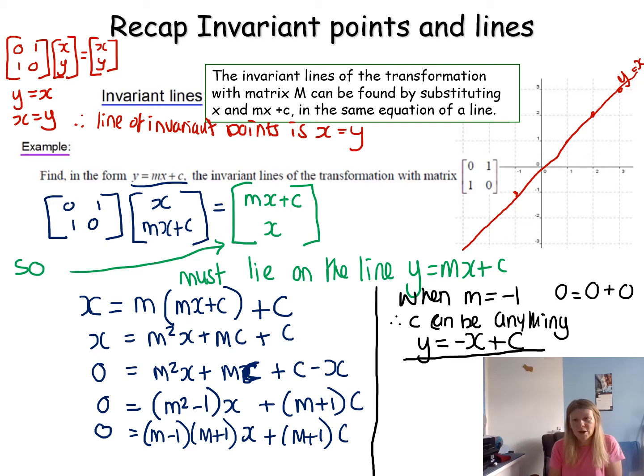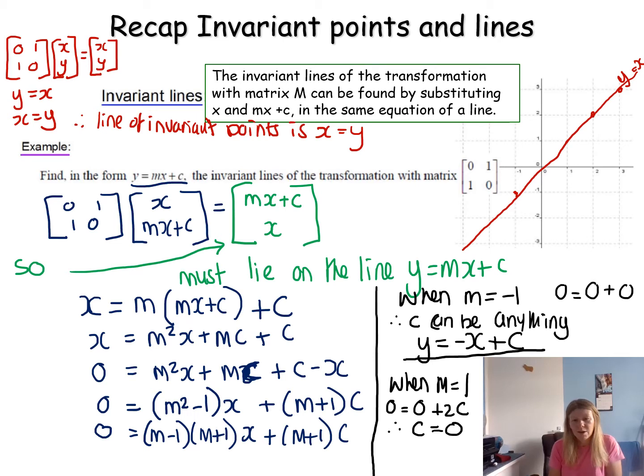And you could also bring out this line that we've met before. When m equals 1, what you get then is 0 equals 0 plus 2c. For that to be true, c must equal 0, no other option.